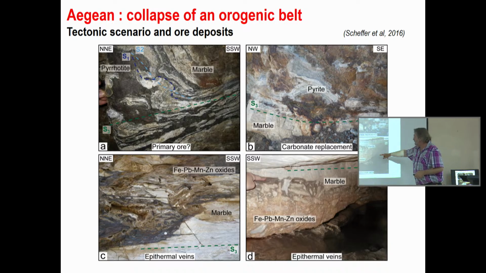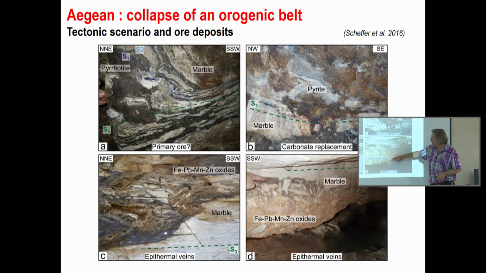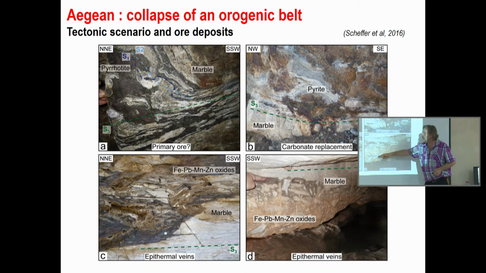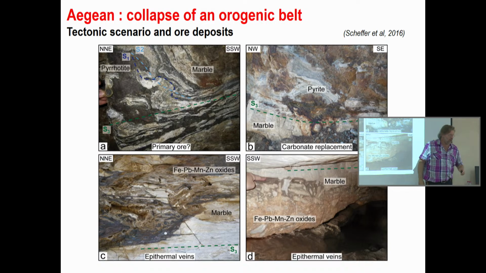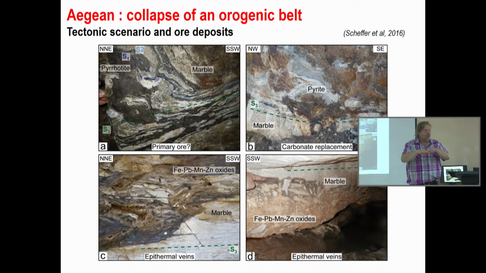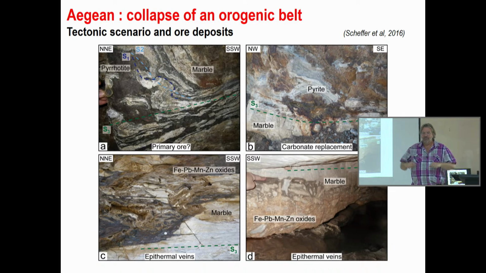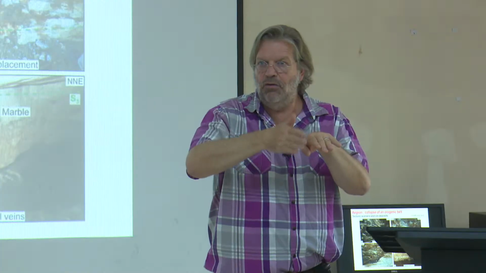And we could find the last event, the last ores are iron, lead, and that was what was mined at first. This is iron and lead, and that's exactly in the detachment. That's why I was telling you, when they showed us the map of the galleries, it was a map of the detachment. And at some point, the detachment would be cut by a high-angle normal fault.